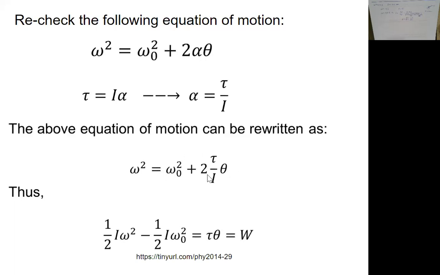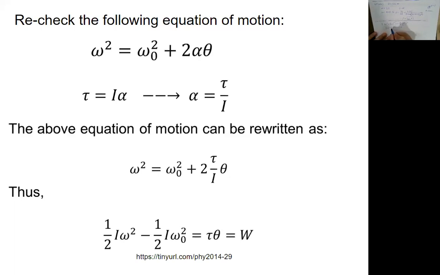From there, a couple of steps of algebra. Let me show you on the paper here. Basically, from omega squared equals omega 0 squared plus 2 tau over I theta, what you want to do is multiply both sides by I. Then you'll have I omega squared equals I omega 0 squared plus 2 tau times theta, because you distribute I into the two terms inside the parentheses.